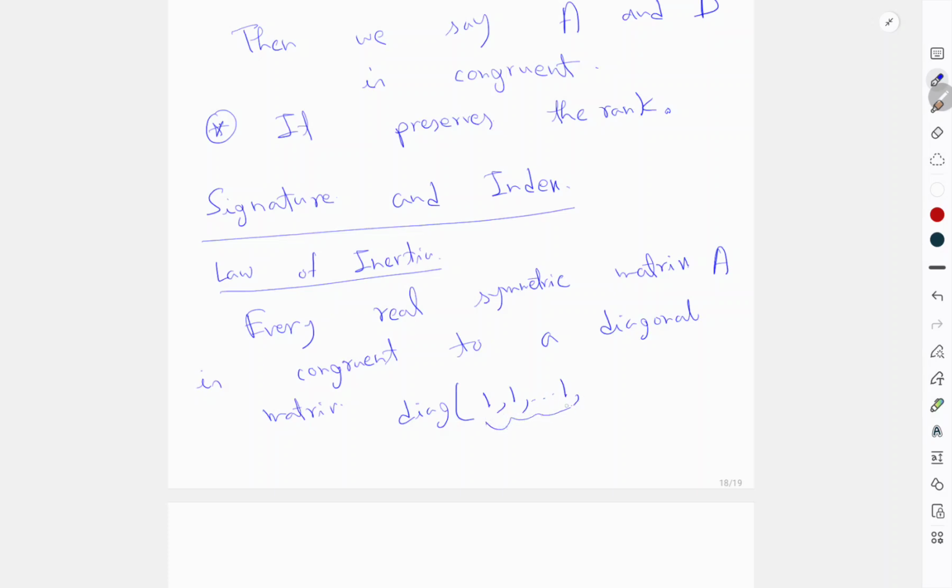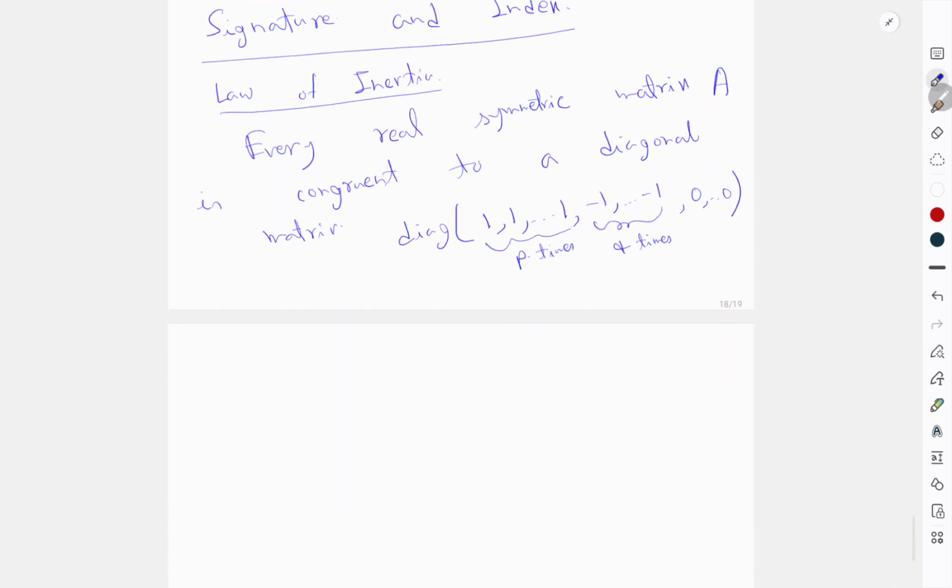suppose P such ones, and then minus 1 dot dot dot minus 1, suppose Q times, then you have 0 0 0. So basically what do we mean by this diagonal matrix?